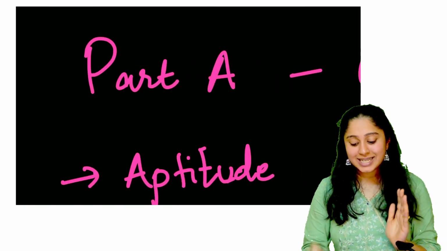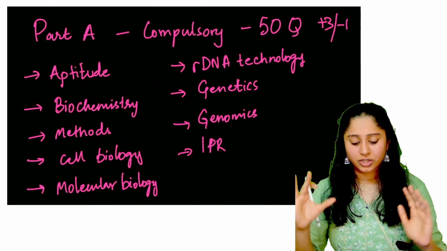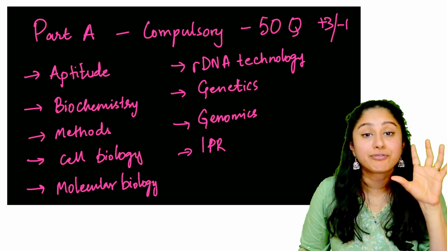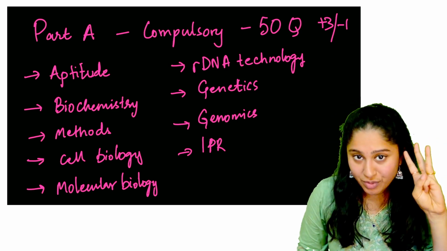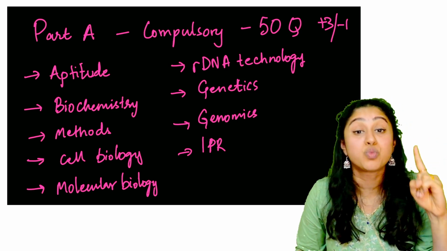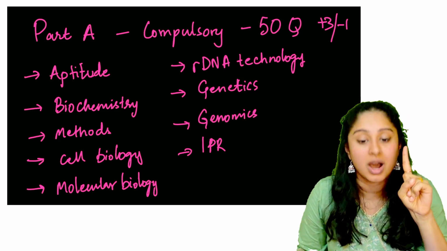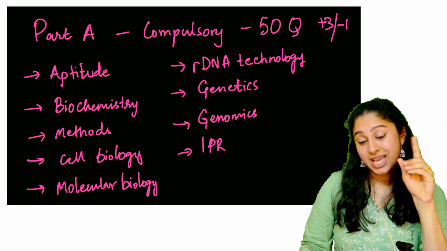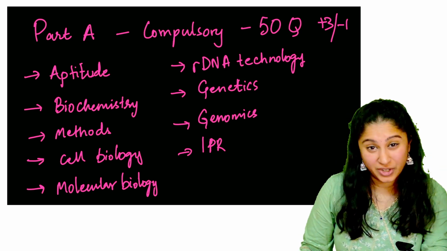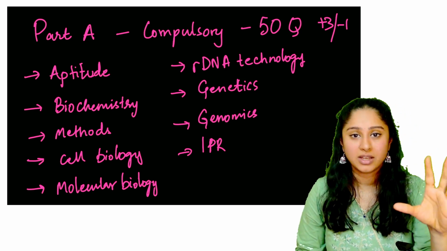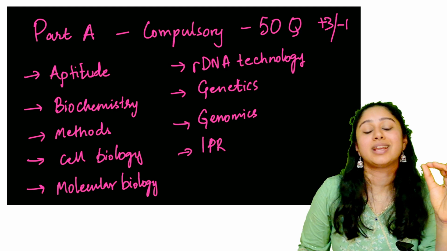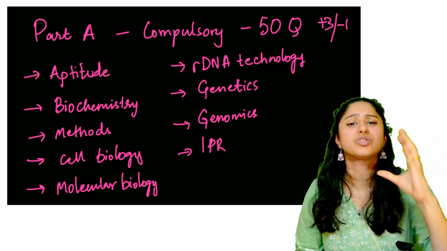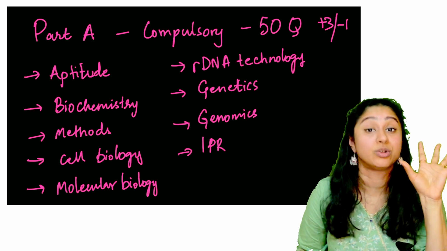Okay, talking about the paper, Part A is compulsory. You have 50 questions, 3 marks for every correct answer and -1 for every wrong answer. Firstly, we have aptitude. Out of the 50, easily you can expect 10 to 15 questions coming from the aptitude section.